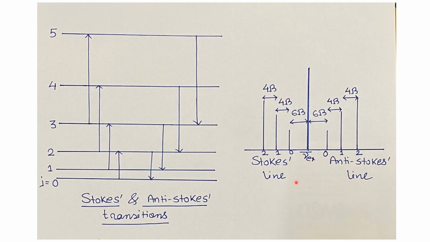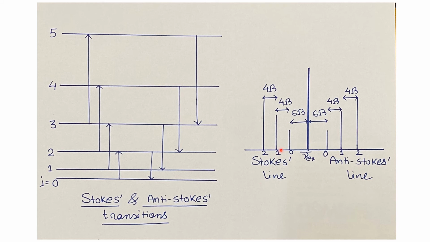So the left side's spectral lines will give the Stokes line and the right hand side spectral lines will give the anti-Stokes line. But the transition starting from J equals to 1 or J equals to 2 for the anti-Stokes line will have the separation 4B. A similar case happens for the Stokes line also.